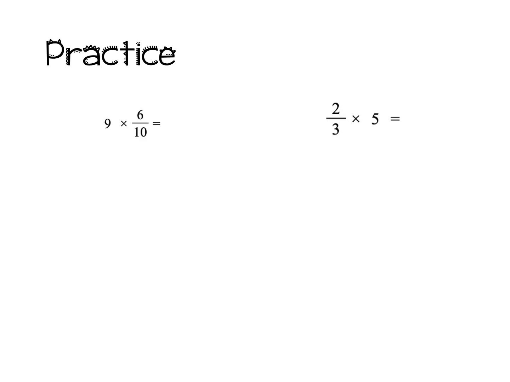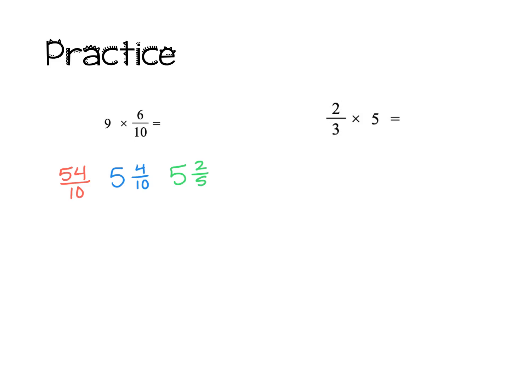Now I want you to try these practice problems on your own. For this first one, you should have gotten 54 over 10. When you change it to a mixed number, it becomes 5 and 4/10. And if you simplify 4/10, another way to write it is 5 and 2/5, because 4 and 10 can both be divided by 2.